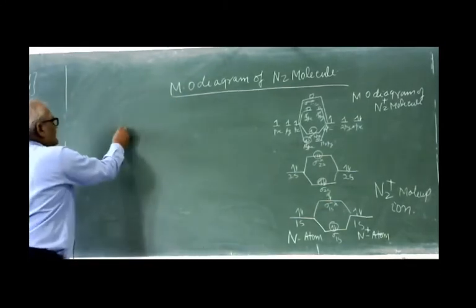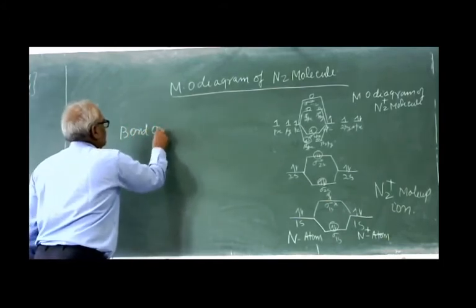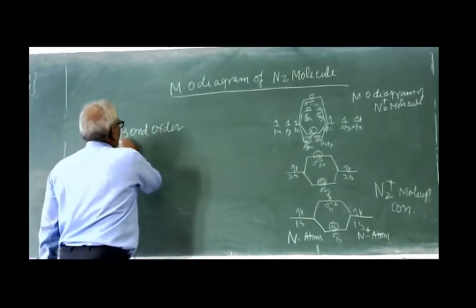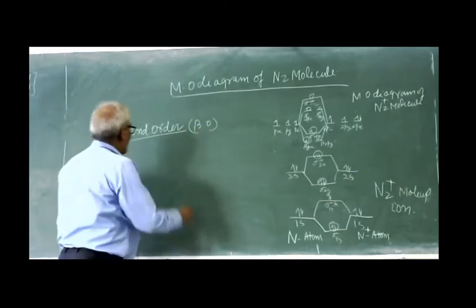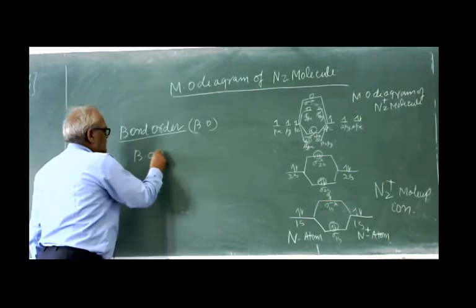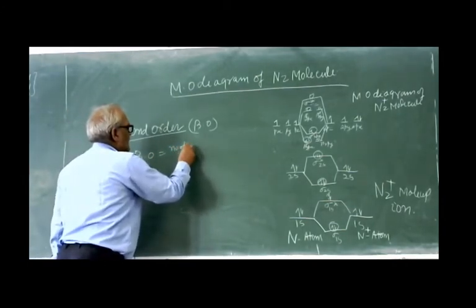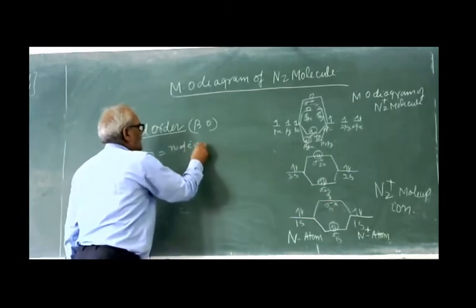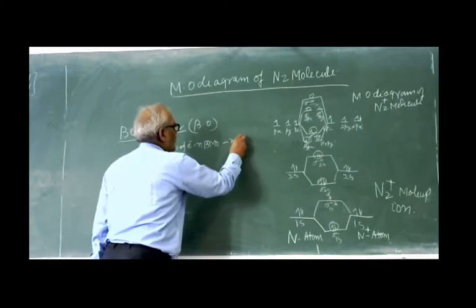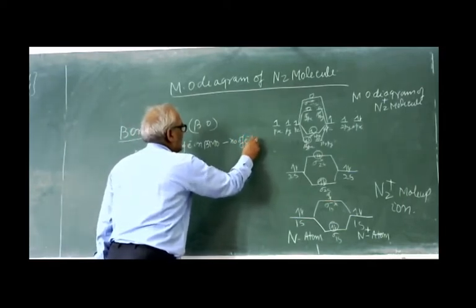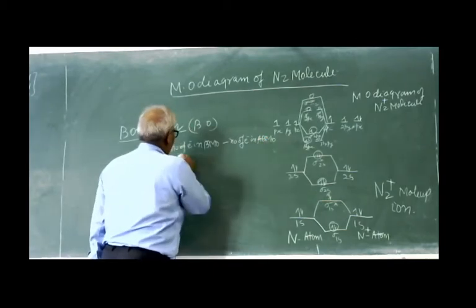Bond order is equal to the number of electrons in BMO minus the number of electrons in ABMO, divided by 2.